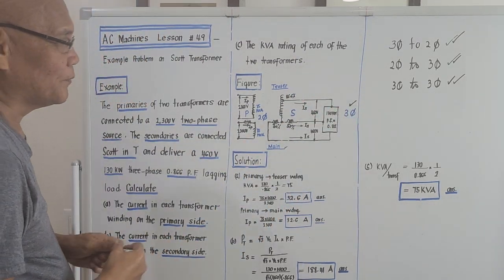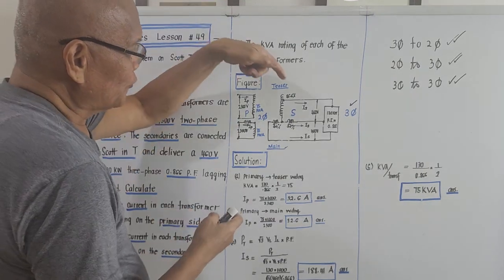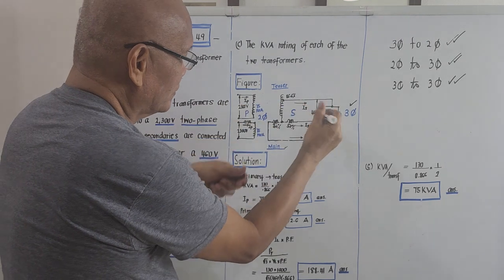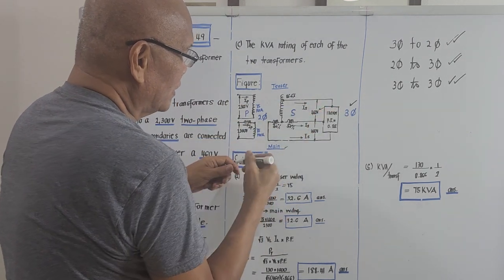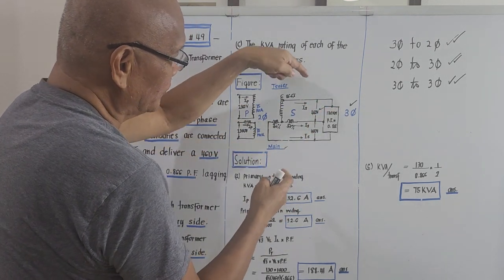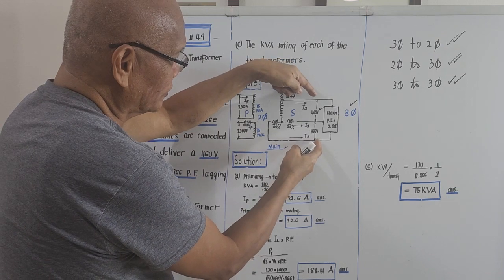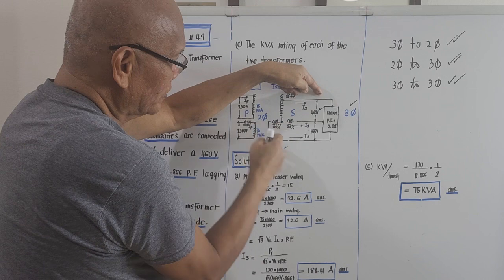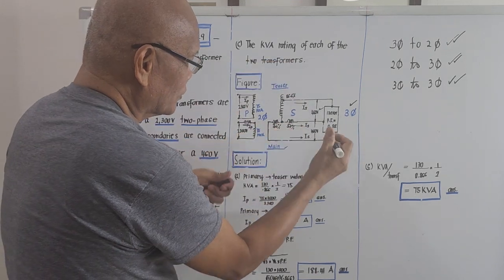Why three-phase? Because if we try to get the voltage across this, it should be 460. And if we measure the voltage from this point going here, it will still be 460.